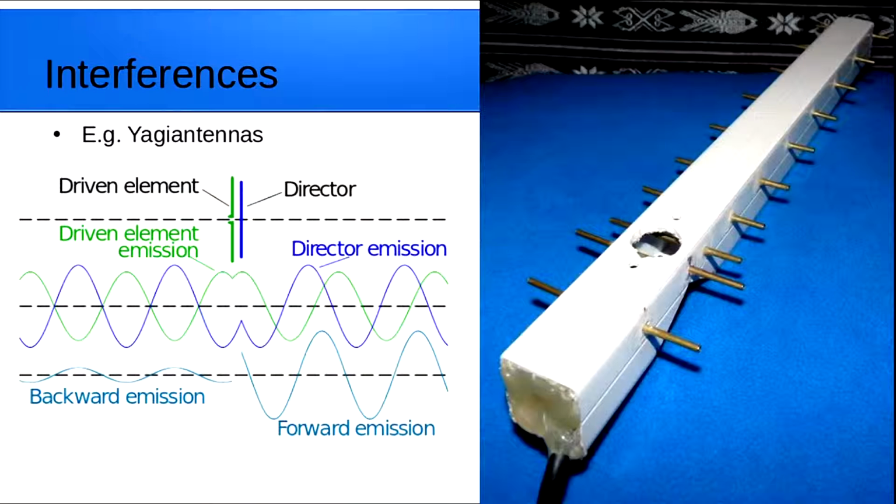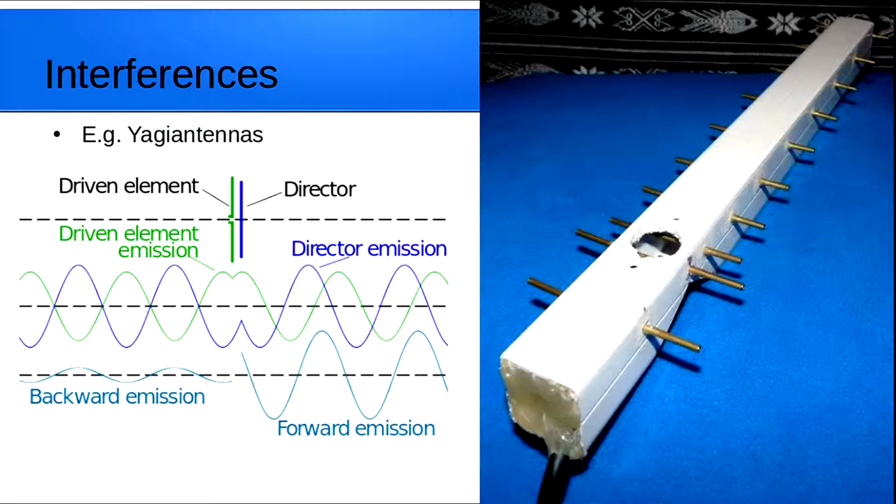A very descriptive antenna for explaining the interference stuff is the Yagi antenna. You can see here, for example, a Yagi antenna built for the Freifunk wireless network, to get a directional antenna for 2.4 gigahertz. You always got a driven element, which is this one in this case, and then you get some parasitic elements, directors here, the directors are in front, and a reflector here in the back.